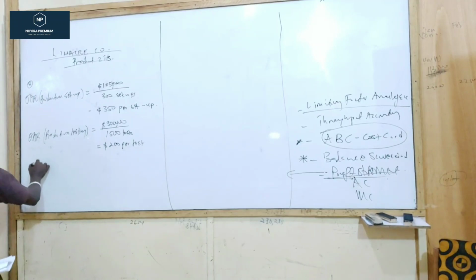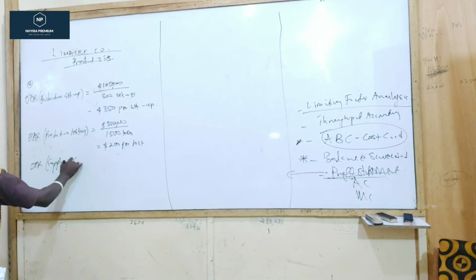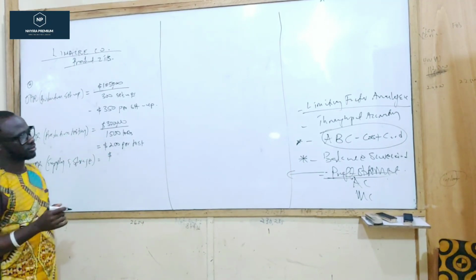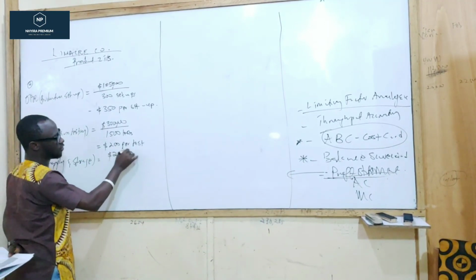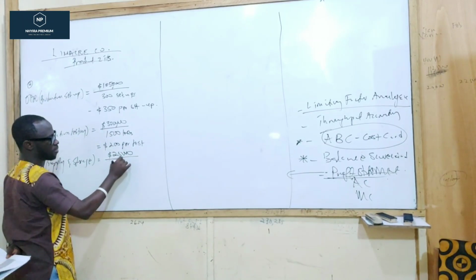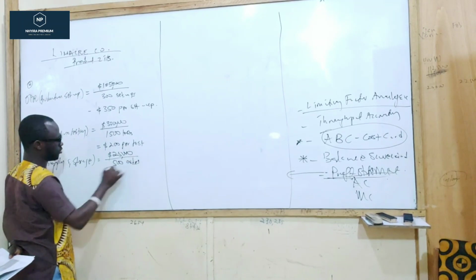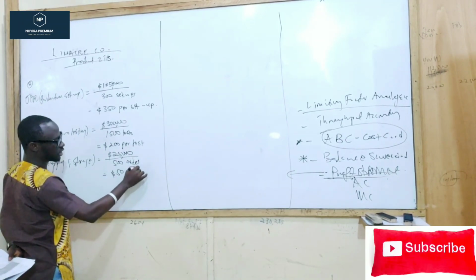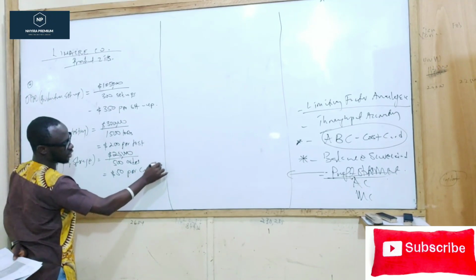Next one. Component supply and storage. We have $25,000 over 500 component orders. We get $50 per component order.